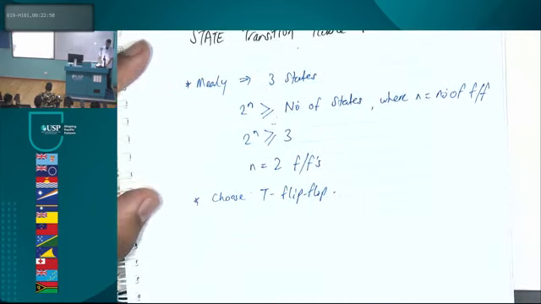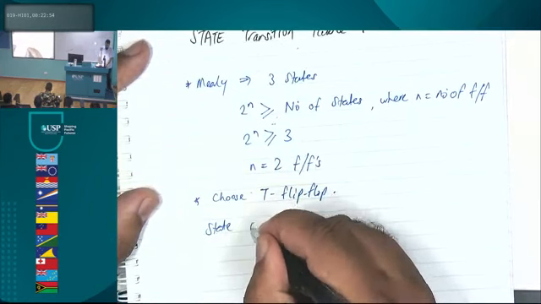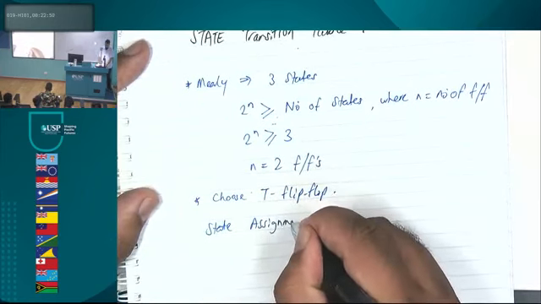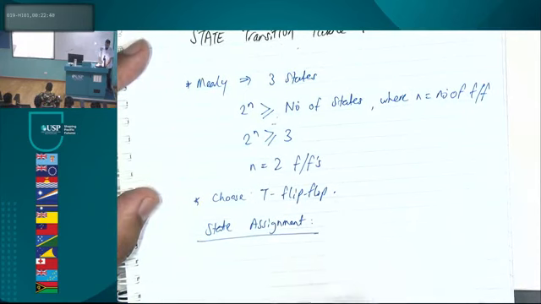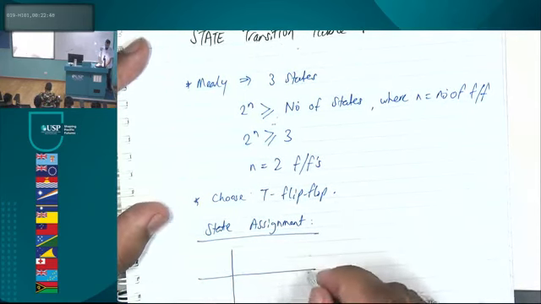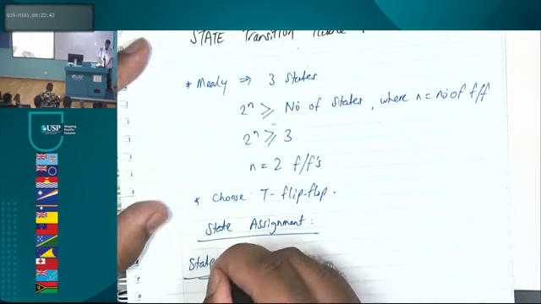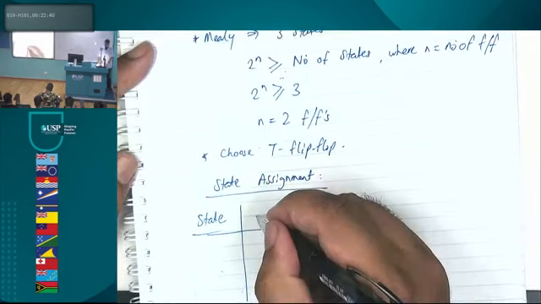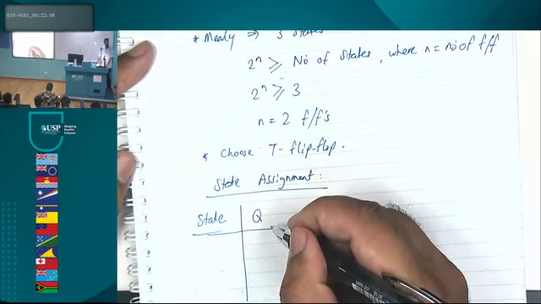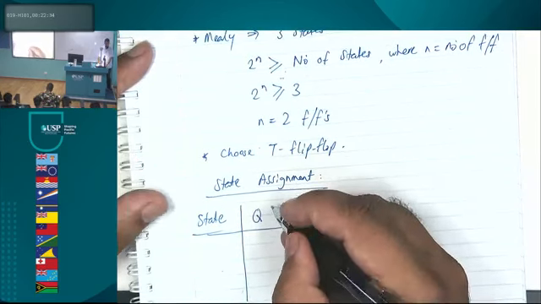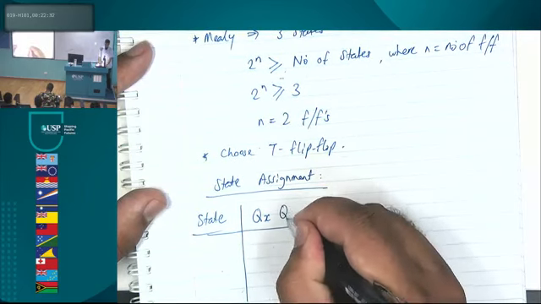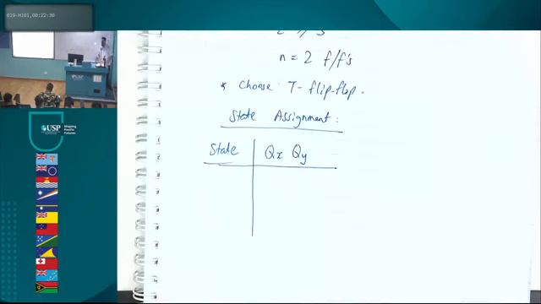All right. Now, state assignment. So you have state, you have Q, QX, QY. I just want to give you something different, right? QX, QY. It doesn't always have to be Q0, Q1, or QA, QB. Right? QX, QY.